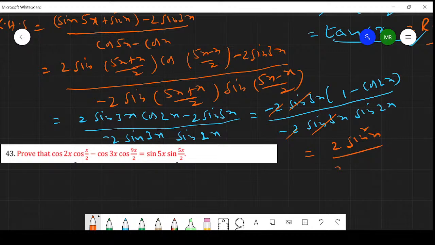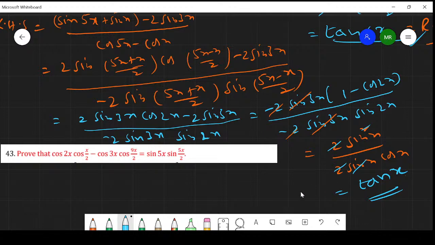Sin 2x is 2 sin x cos x. Now the 2 will get cancelled. Sin square x with the sin x, sin by cos remains. The answer will be tan x. So that is the required answer, tan x. These are all 5 marks problems I am explaining here.